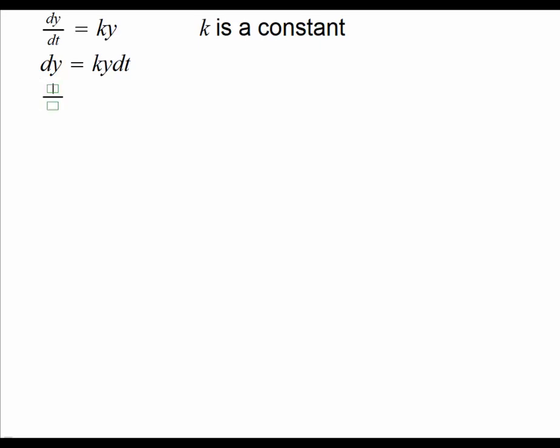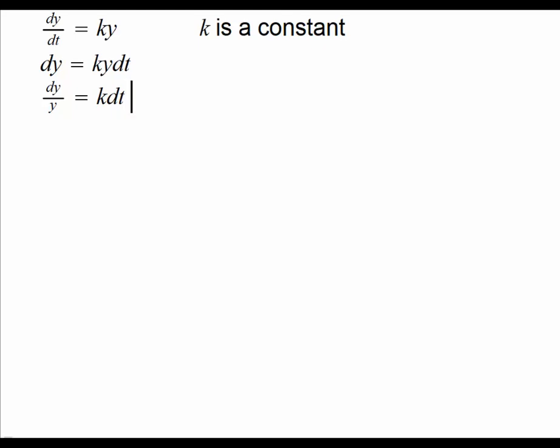We are just going in a slightly different style here than you might be used to. I would bring y together with dy here, and we don't have any t. We could have had a t here, but since we don't, we can just leave the constant here. So we got dy over y equals k dt.